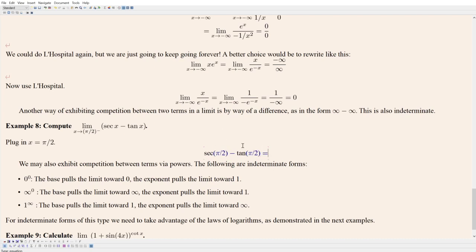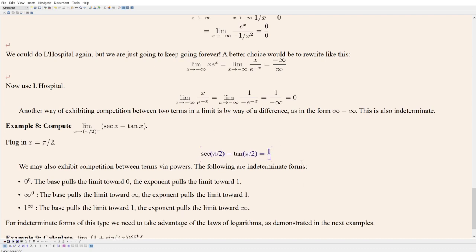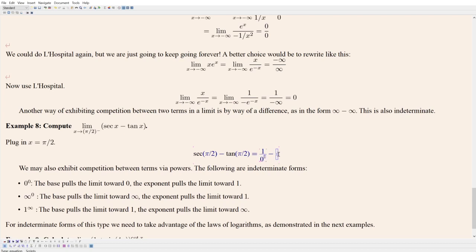Secant is 1 over cosine. Cosine at pi over 2 is 0. So we have 1 over 0. And we're approaching from the left, so that would be positive. If you look at a graph of the cosine function, as we approach pi over 2 from the left, we see that it's always positive.